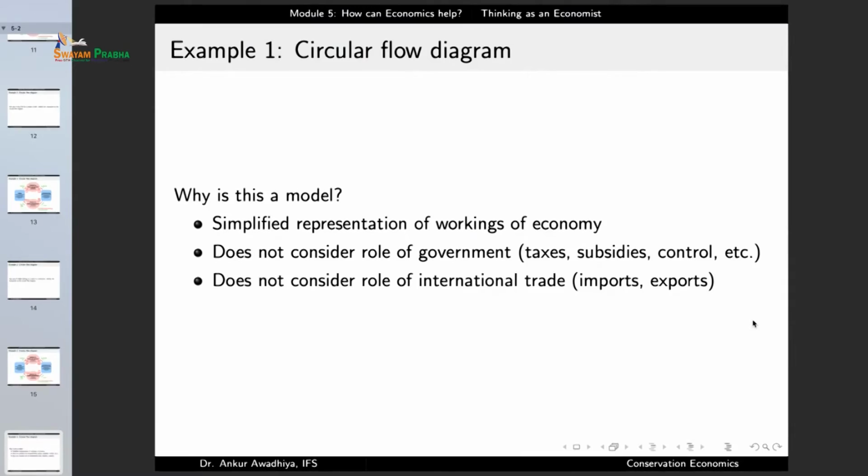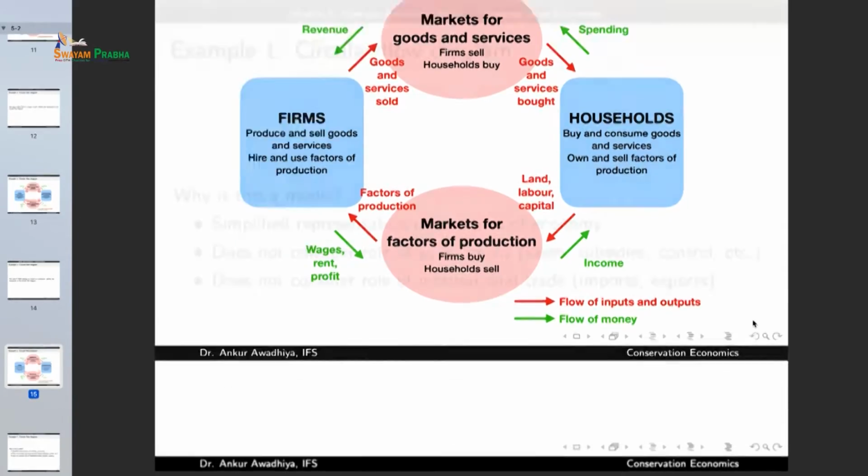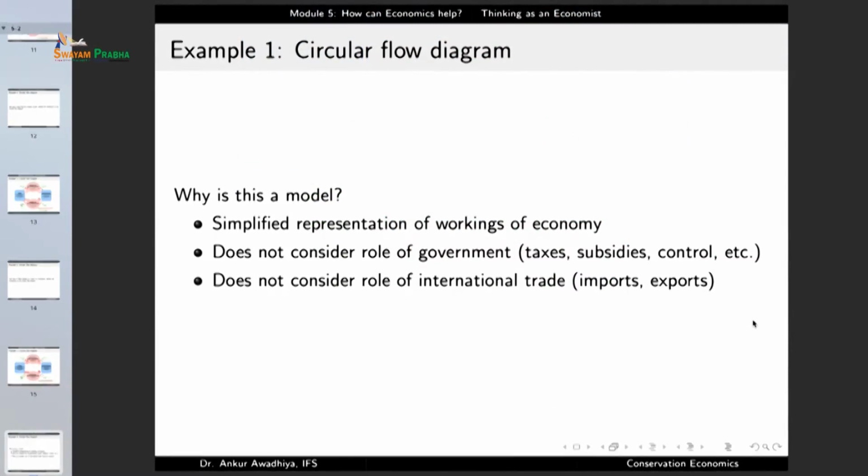It also does not consider the role of international trade because in this model we are considering that this economy only comprises these two entities, the firms and the households. And we are not considering those goods and services that are being brought from outside. So it neglects the imports and the exports.